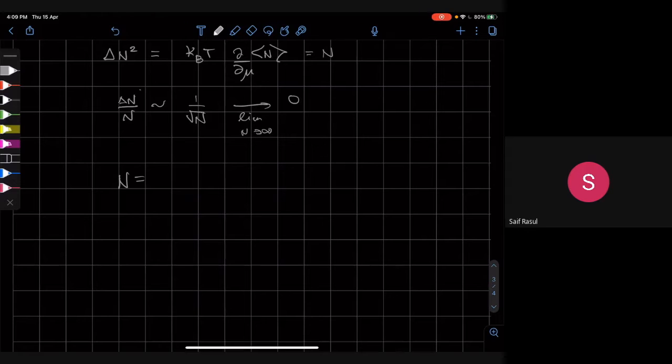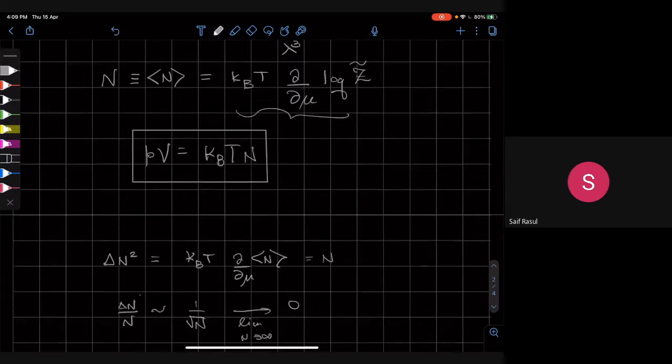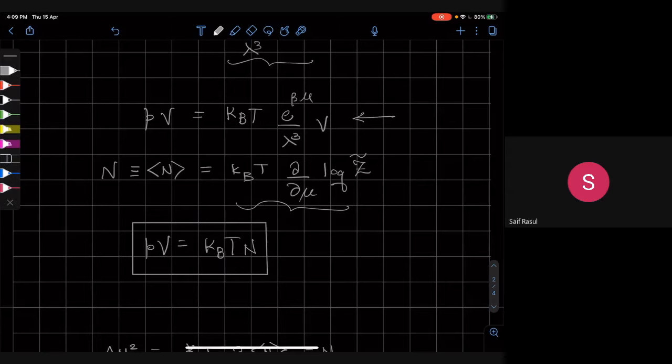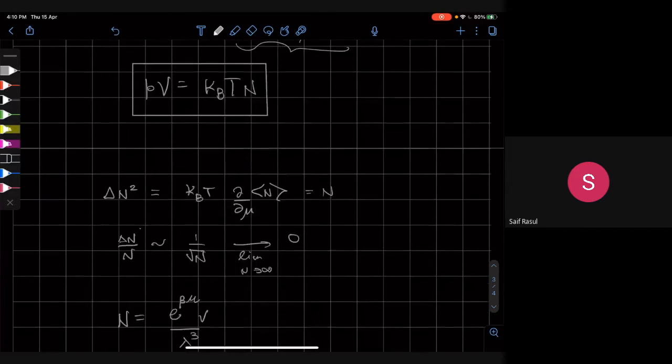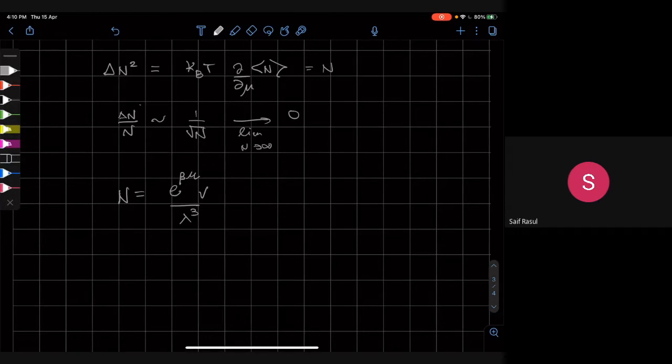So I have e to the power beta mu v divided by lambda cubed. Is that correct? Yeah. This is kBt. That cancels the factor of kBt, the beta, coming from here. And so this is our expression for n.